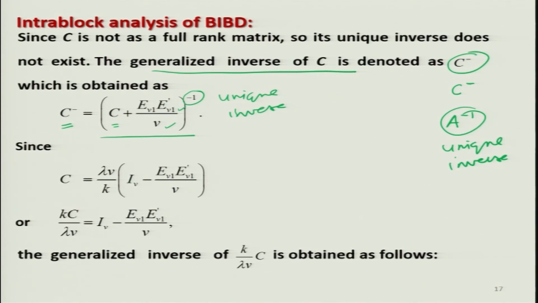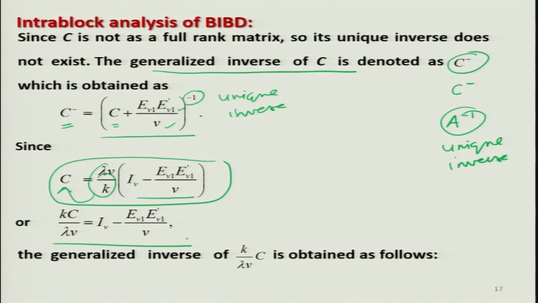Now, how are we going to find it out? We have already obtained C is equal to lambda V upon K into the matrix IV minus EV1 EV1 transpose upon V. I can bring this factor to the left-hand side and write Kc upon lambda V is equal to the same matrix.